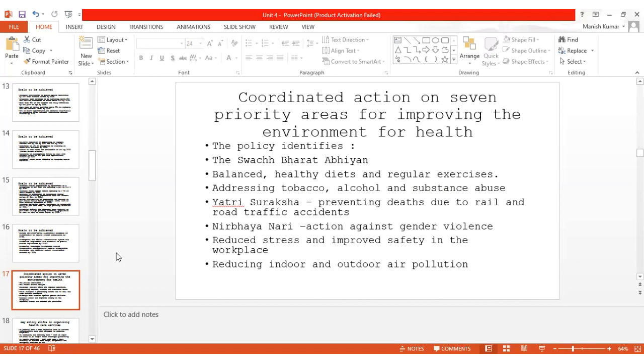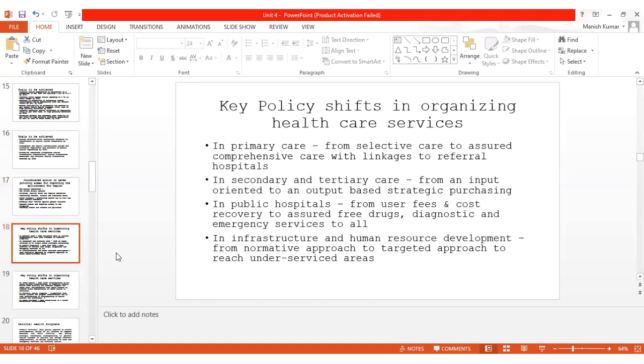If you look into those 7 areas, they do not come directly under the purview of the health department, but they will definitely affect the health status of the population. So there should be coordinated action across these 7 departments or programs which will improve health.